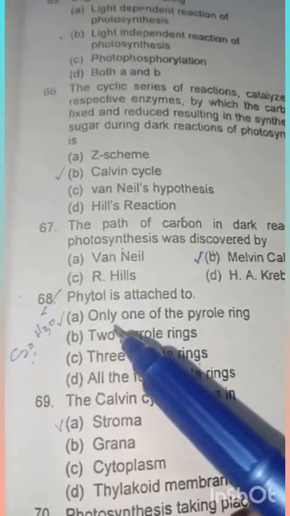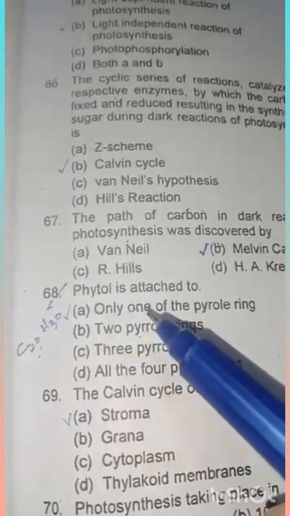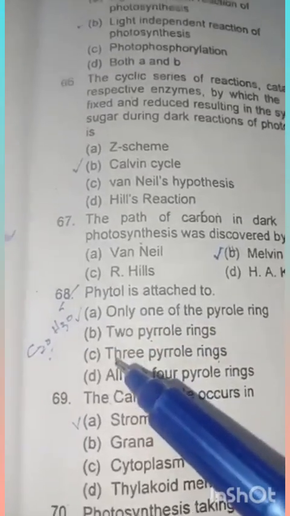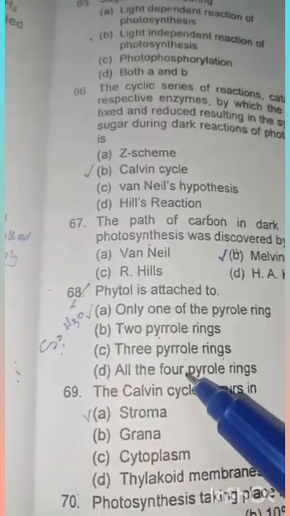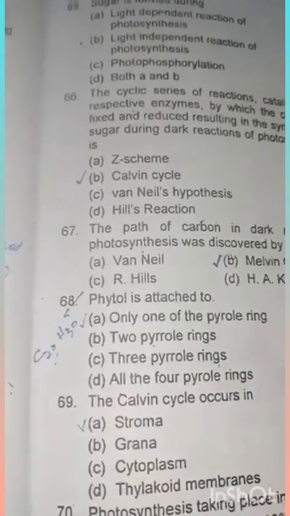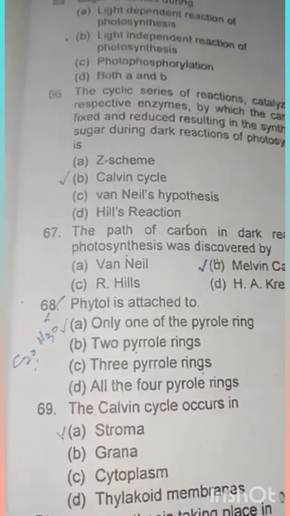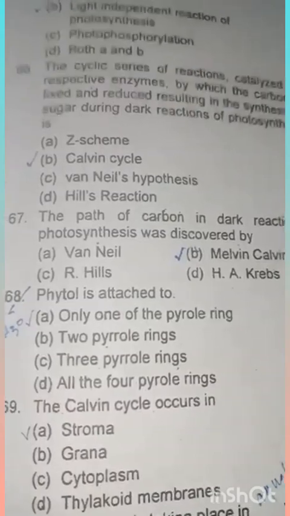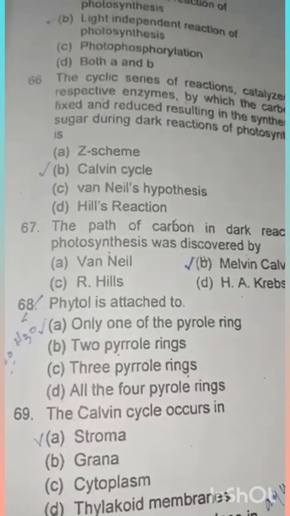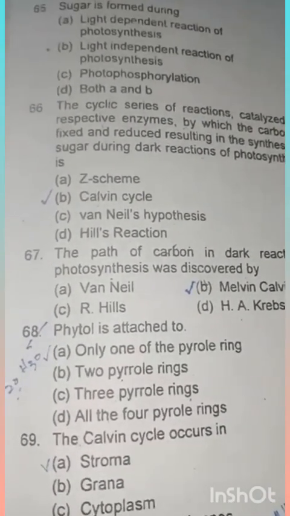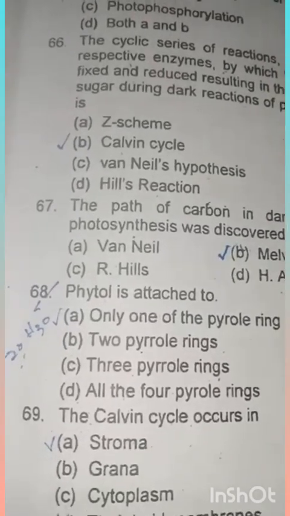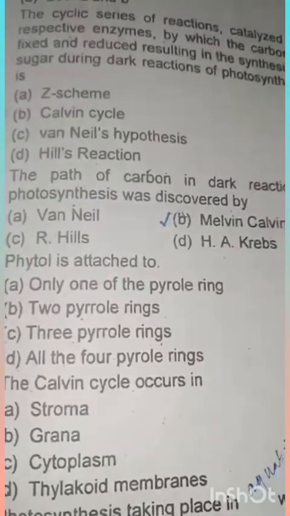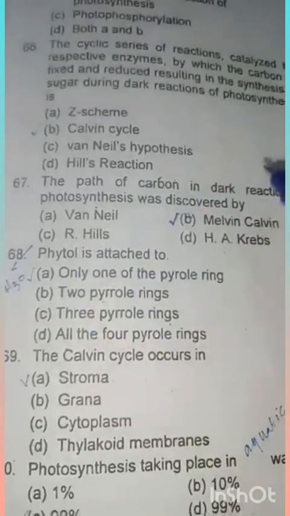Options: only one pyrrole ring, 2 pyrrole rings, 3 pyrrole rings, or all 4 pyrrole rings. As we know, the chlorophyll molecule is composed of 4 pyrrole rings, in which one pyrrole ring has the phytol hydrocarbon tail attached. So option A is correct here.